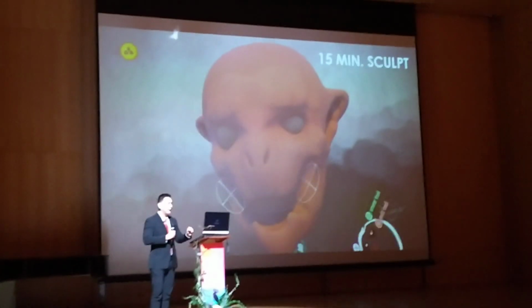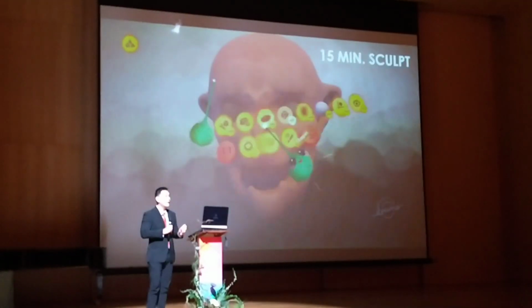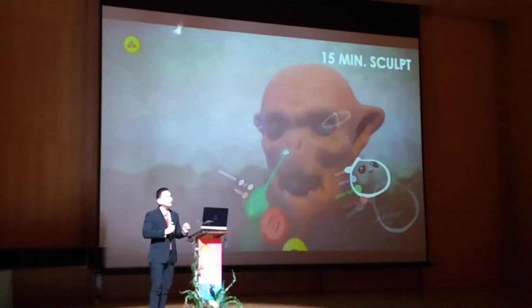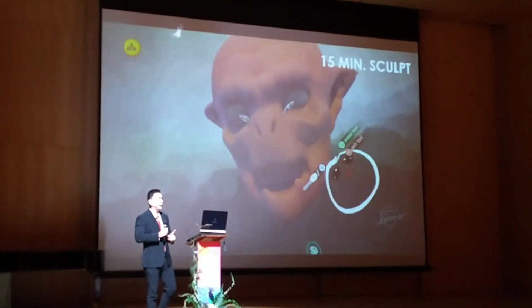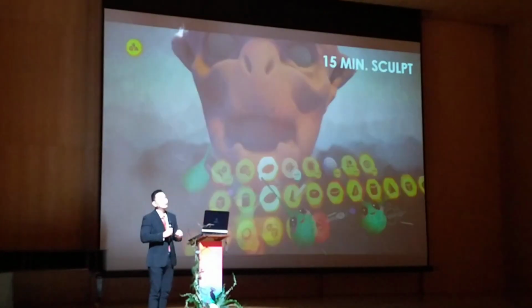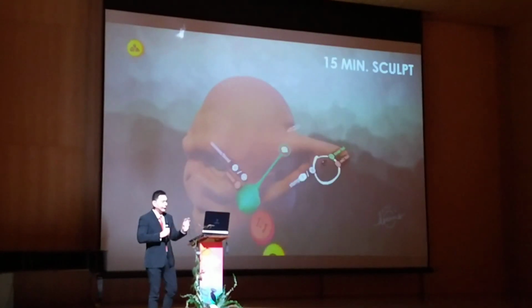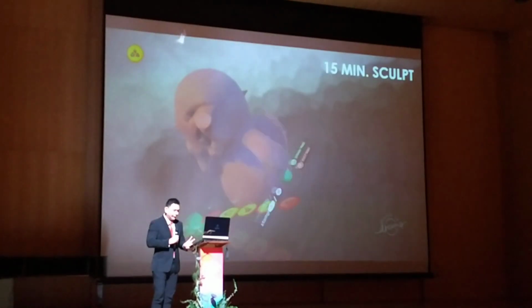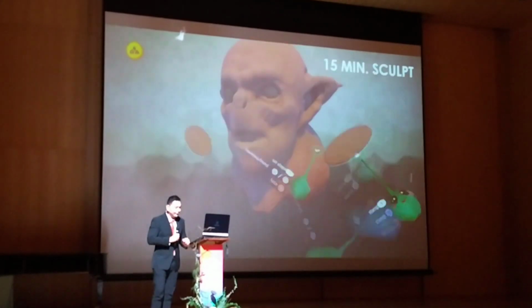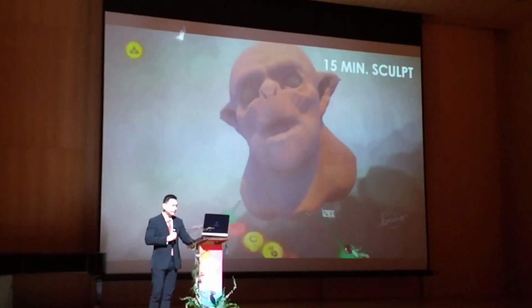So you can start creating form, the mass and everything, very fast and also in a very non-destructive way, in that I can go back and remove a certain sphere or certain cylinder there. So a very non-destructive and very efficient way.